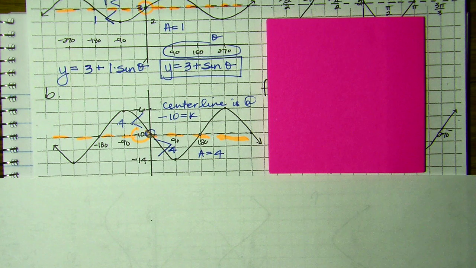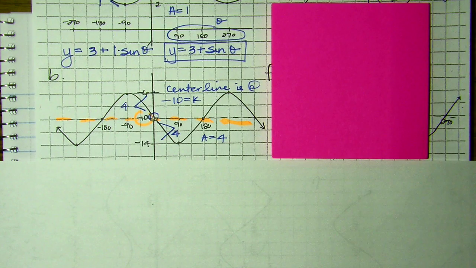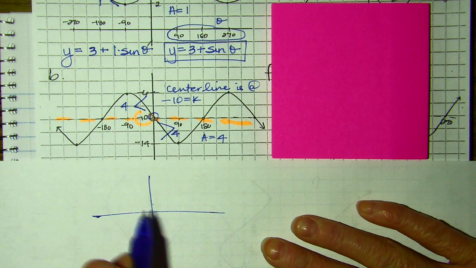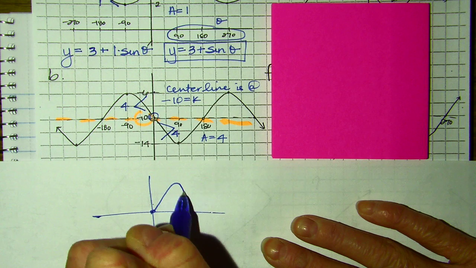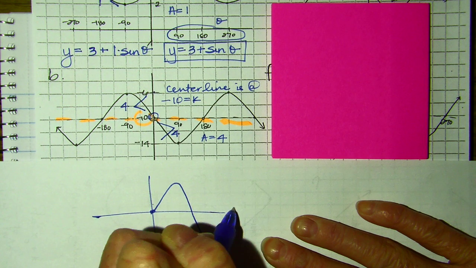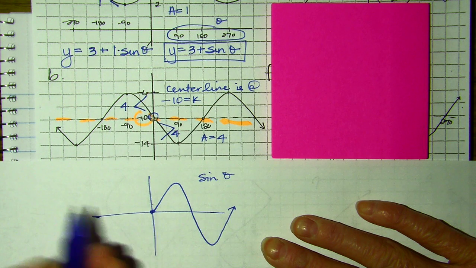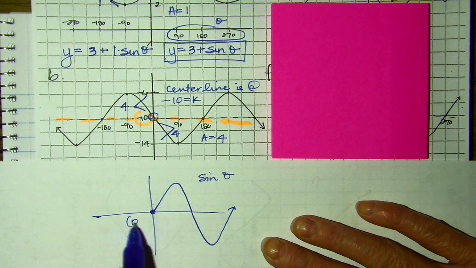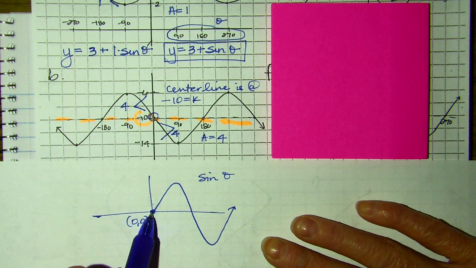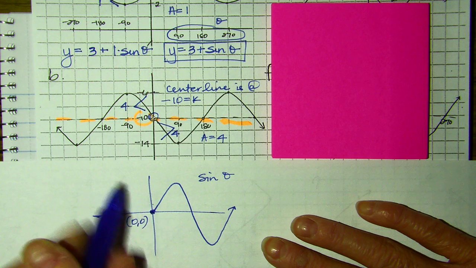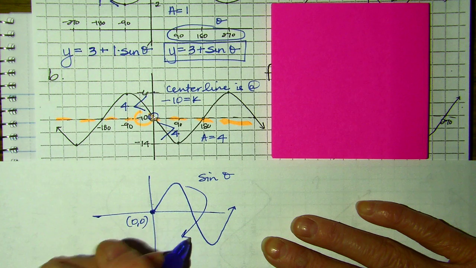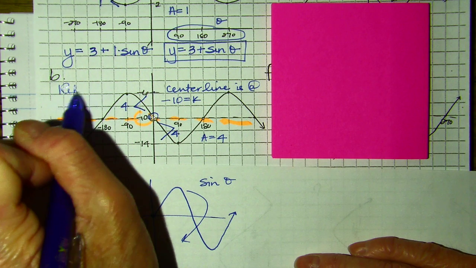So I know my amplitude is A. But a regular sine of theta should start at 0, 0, because the value of sine of 0 is 0. So I know this is sine because of the location of that, but notice my graph has been flipped over. So I notice that there has been a reflection.